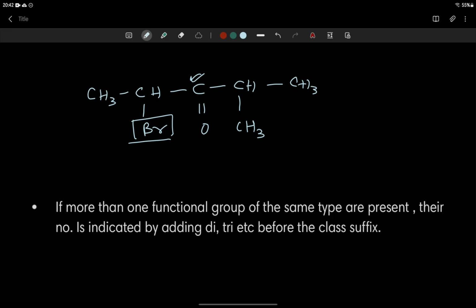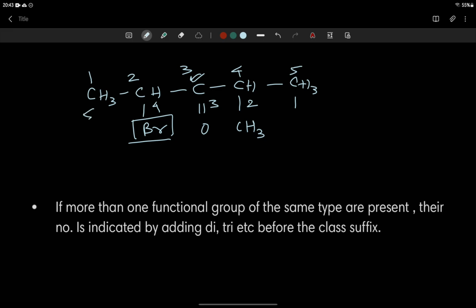So we shall start writing the name of the organic compound. Now first of all, if I start numbering from here, 1 2 3 4 5, right, and from here also I think the same will be the case.